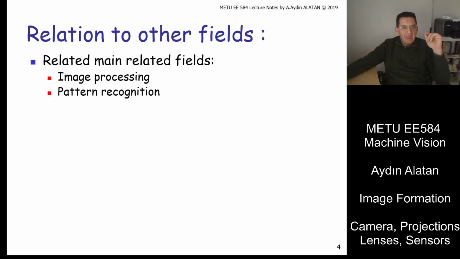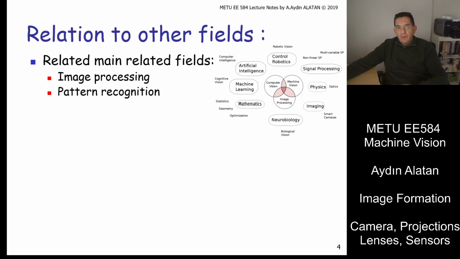Image processing means you get some image and you process it and you obtain another image, like noise removal or enhancement. These things are image processing. Pattern recognition, in the meantime, is not about images, but any kind of vectors or data that we have to classify or describe or whatever we do.